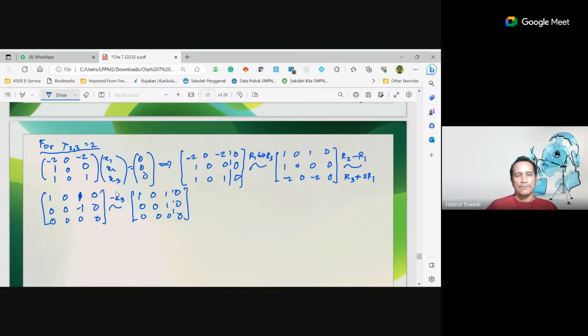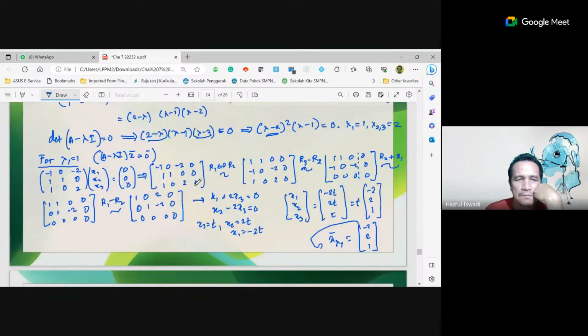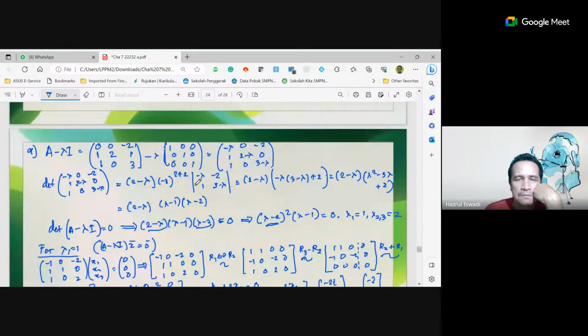So we subtract R1 by R2 to make it a reduced row echelon matrix: 0, 0, 1, 0, and 0, 0, 0, 0. Okay, something is wrong.